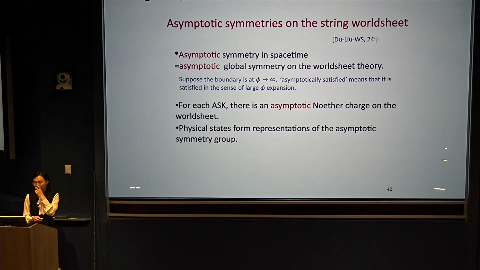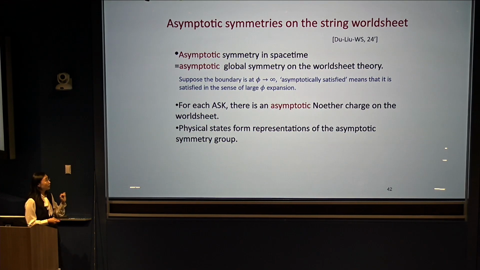Suppose the target spacetime has a radial direction. By asymptotic symmetries on the string worksheet, I mean that it preserves the worksheet equation of motion and stress tensor up to certain fall-offs in this radial direction.